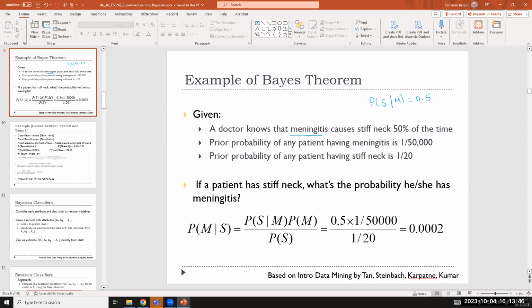Whenever a person has meningitis, it's a given fact that the probability that the person has a stiff neck is 0.5. And the probability of a patient having meningitis in the population is 1 over 50,000. That's given. And in the population, the probability of having a stiff neck is 1 over 20.